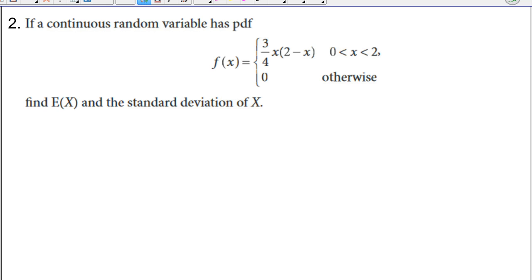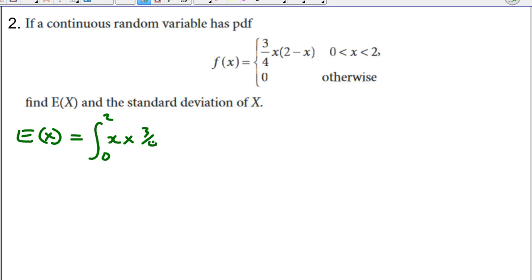Now this question I'll use a calculator. So this is a GDC calculator question. If a continuous random variable has PDF given by that, find the expected value and the standard deviation. So the first thing is the expected value using the formula that I showed you, which will be equal to the integral from 0 to 2 of x multiplied by whatever I have there.